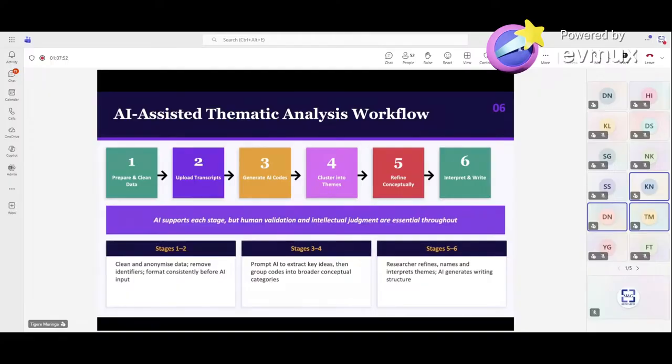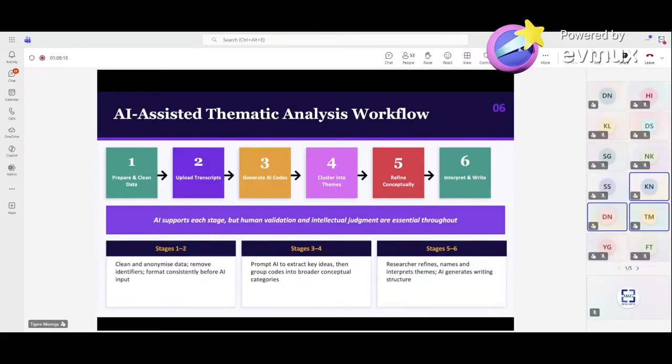The quality of the outcome is dependent on what has been prompted. So after that, you need to upload those transcripts. I know with ChatGPT, you need to upload 10 at a time, if you want to increase efficiency. Then you need to prompt AI to generate codes, then cluster these into themes, then refine conceptually and interpret, and then write.